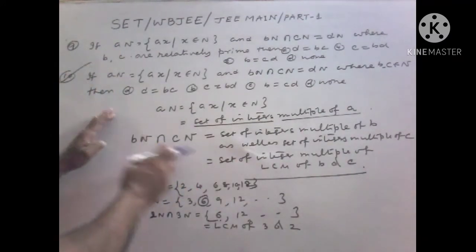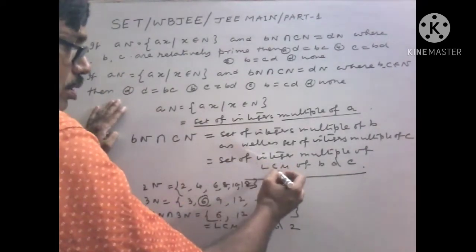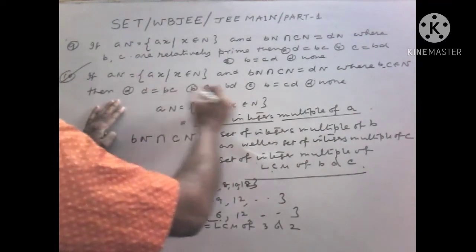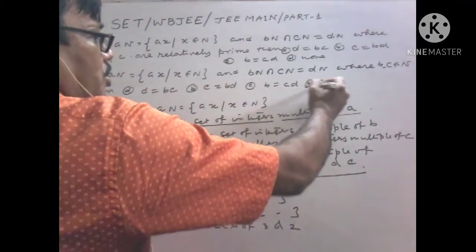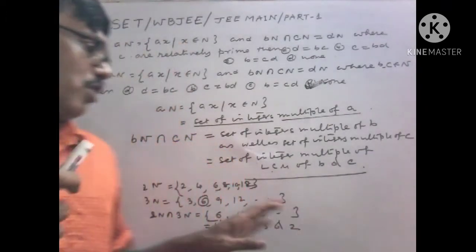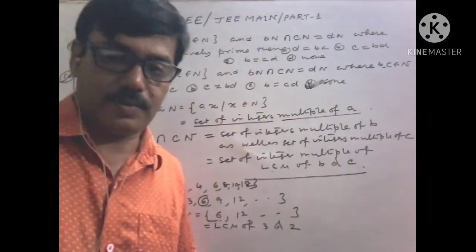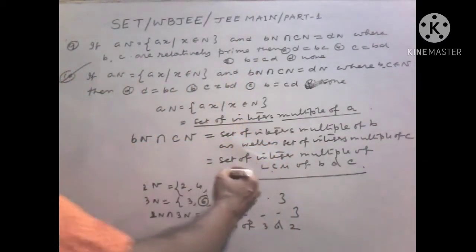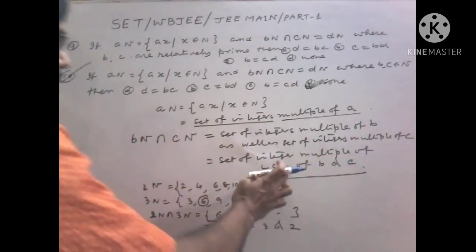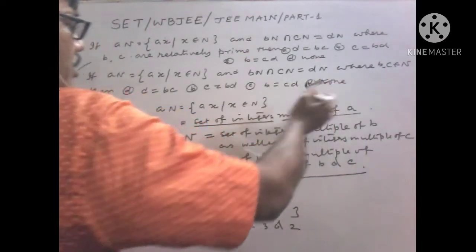So the answer for problem 10 is multiples of the LCM of b and c. It is not given otherwise, so this one is D. Option D is correct.